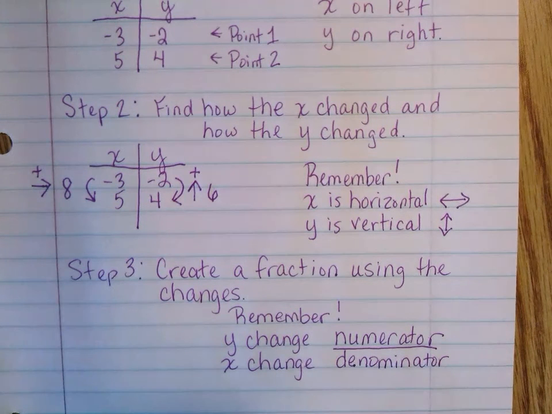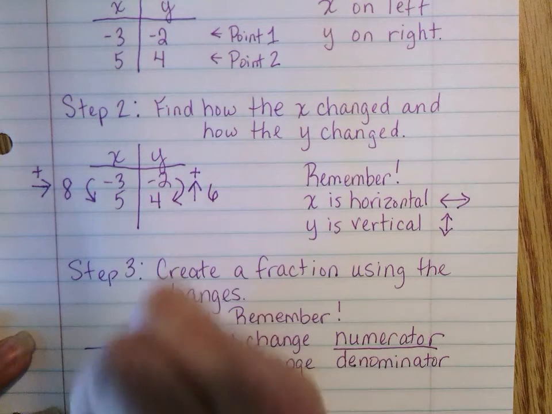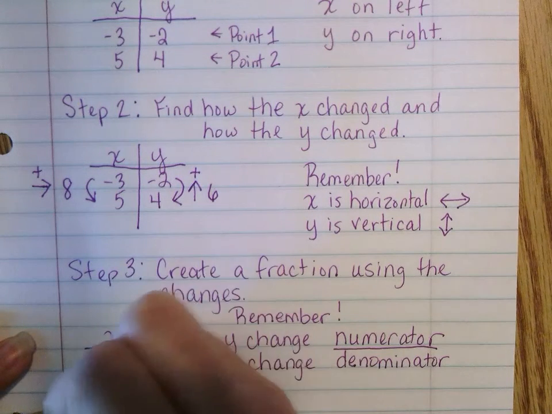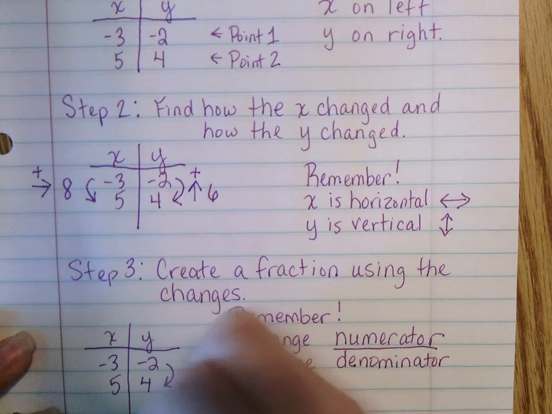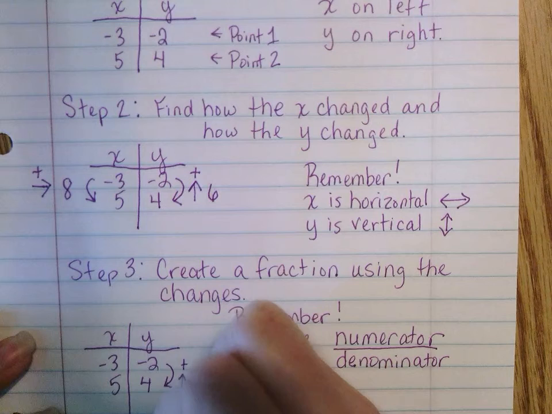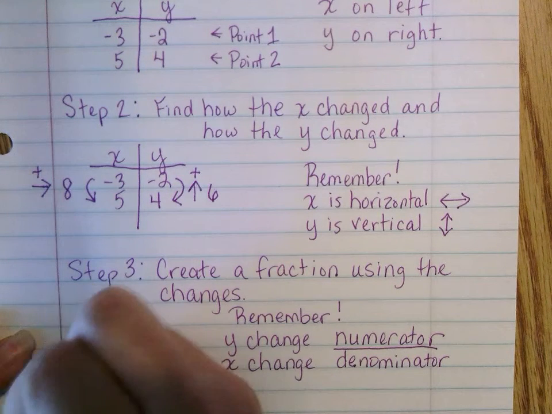All right, so from our t-chart, we're going to draw the t-chart again right quick. X and y. There's the -3, -2. There's the 5 and the 4. That was an increase of 6 for y, and an increase of 8 for x.